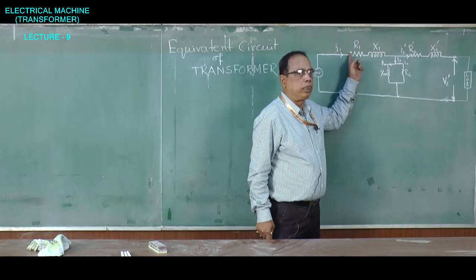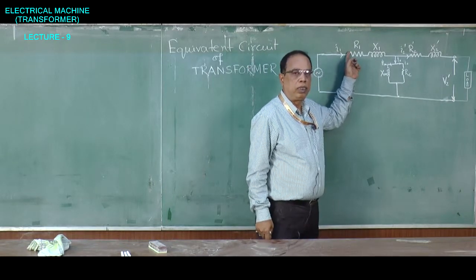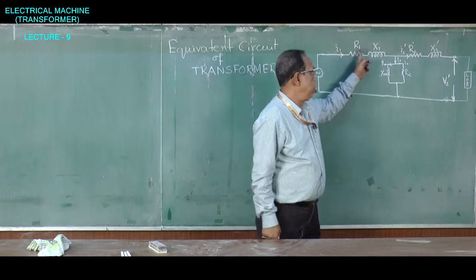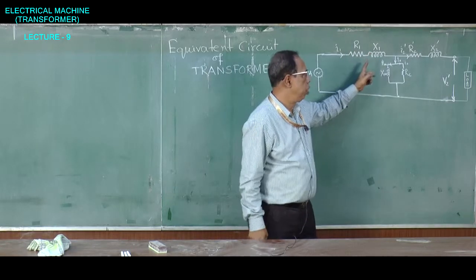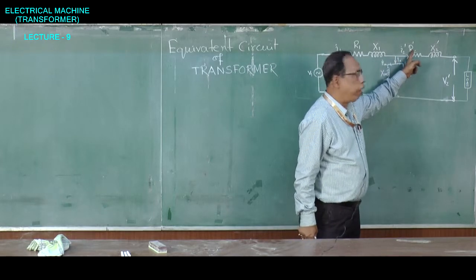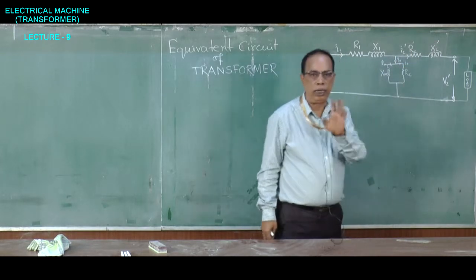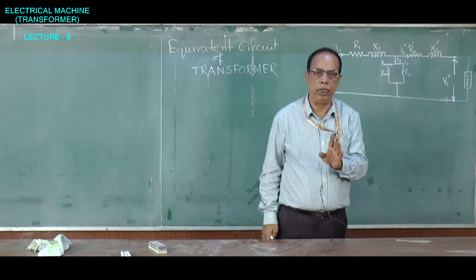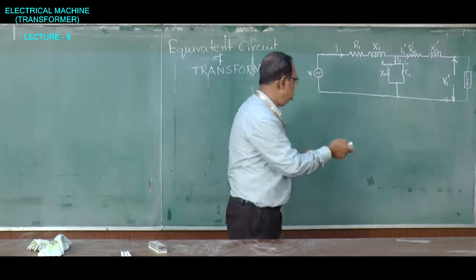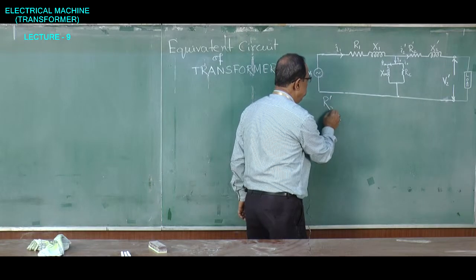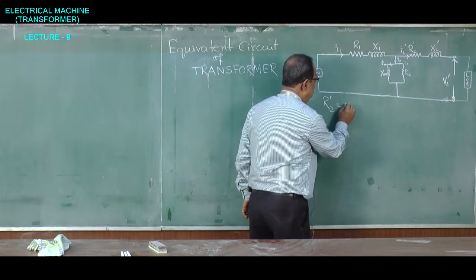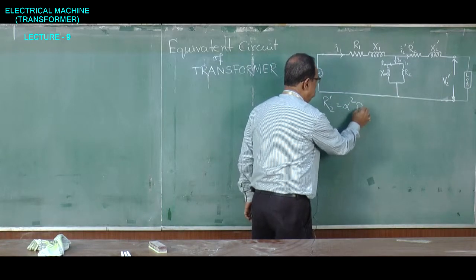Here R1 is the resistance of the primary, X1 is the leakage reactance of the primary. R2 dash is the resistance of the secondary referred to the primary. We call R2 dash equal to alpha square R2.